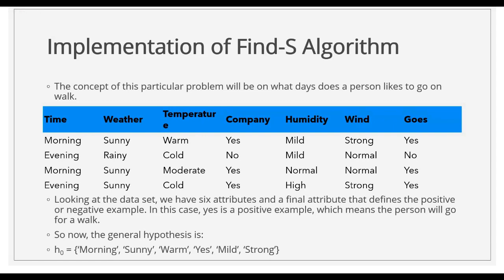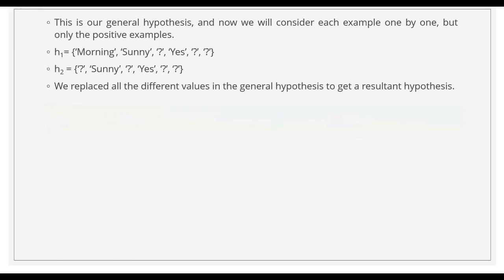So now we have a general hypothesis. But first, the attributes: morning, sunny, warm, yes, mild, strong. This is our general hypothesis, and now we will consider each example one by one, but only the positive examples will be considered.